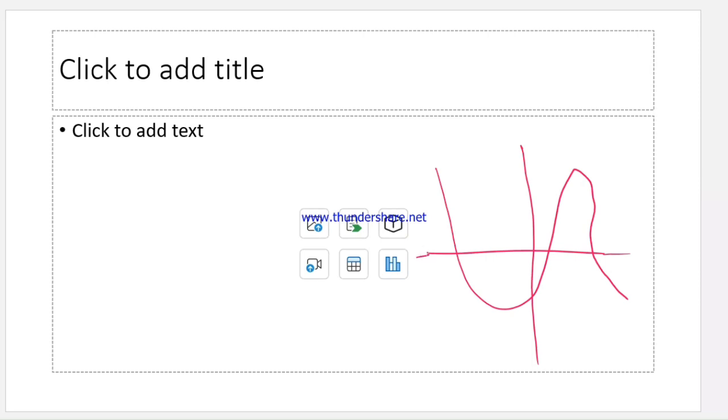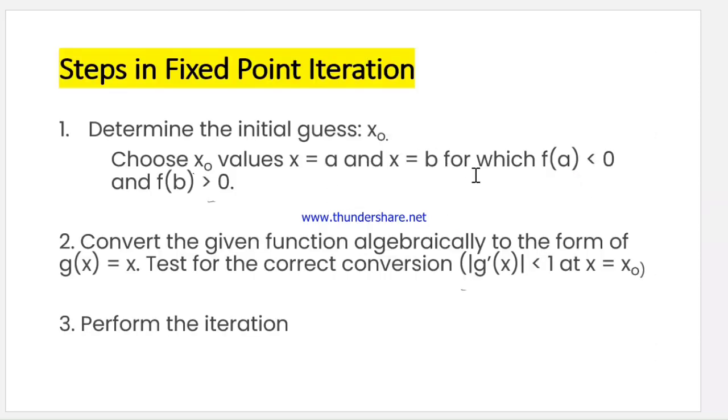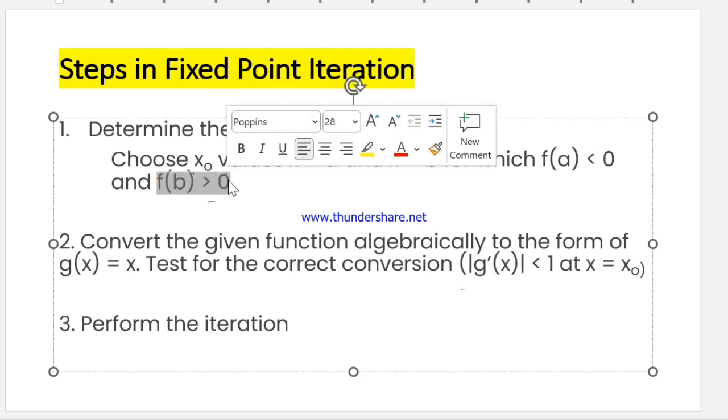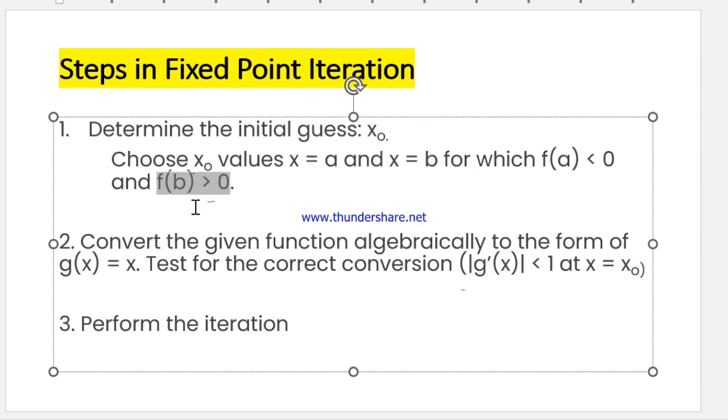We guess a value to the left and to the right so that we'll be sure that the root lies in between. How do we do that here? We choose a value, we substitute into the original function, and we see if it is less than 0. Then we choose another value, substitute into the original function and see if it is greater than 0, so that we know that the root lies in between the two.